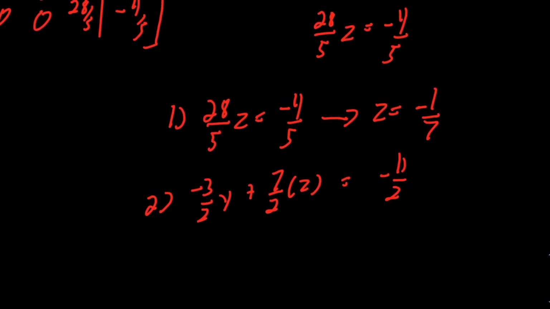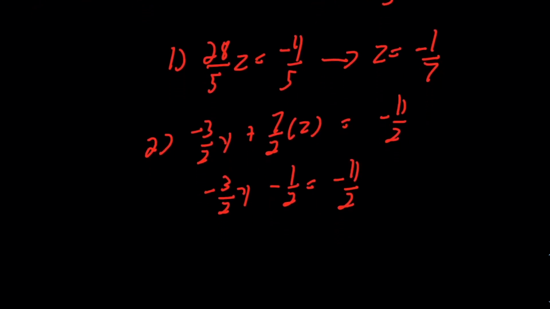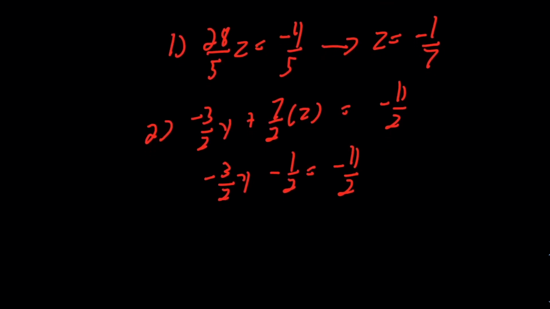From here, we can substitute z for negative 1/7, and we end up getting negative 3 halves times y, 7 halves times negative 1/7, that's negative 1 half equals negative 11 over 2. And then we'll add 1 half. Let's not do 2 steps from 1.